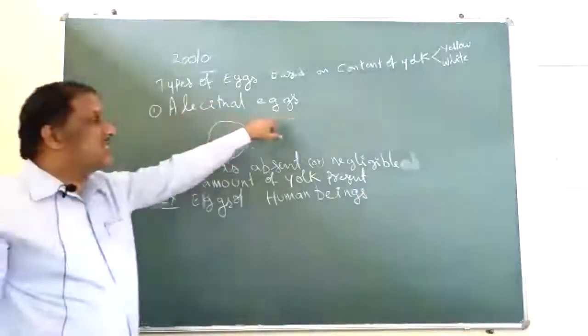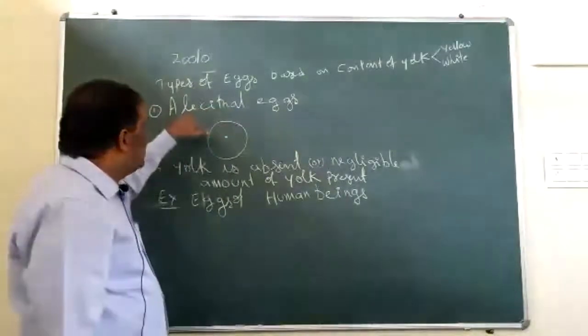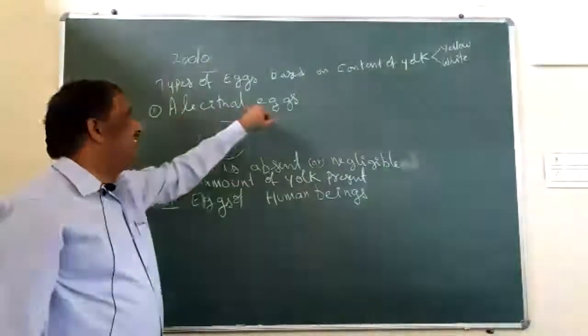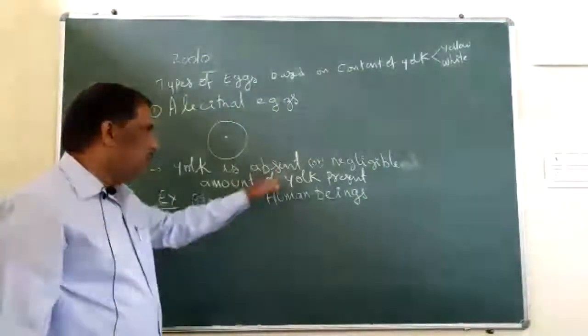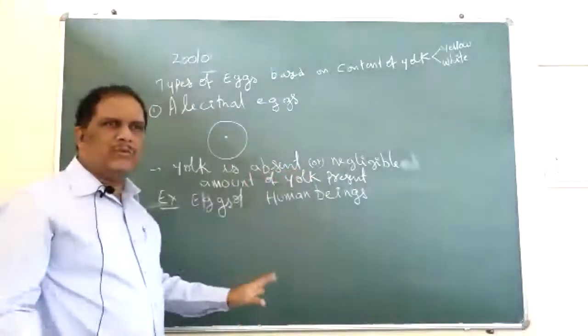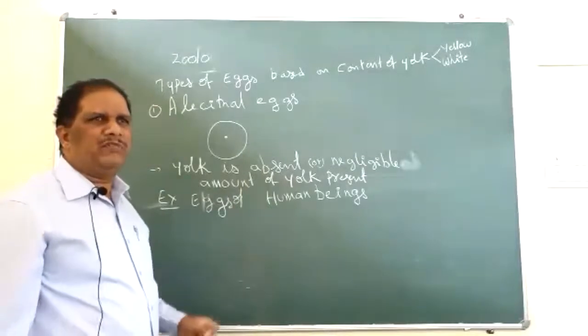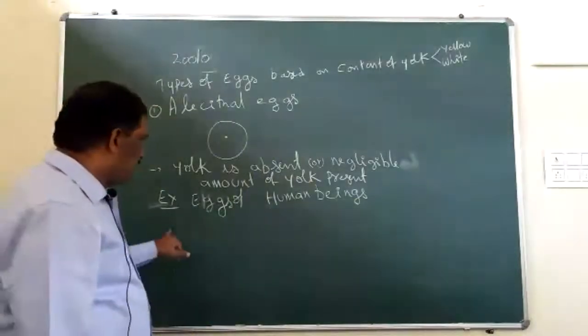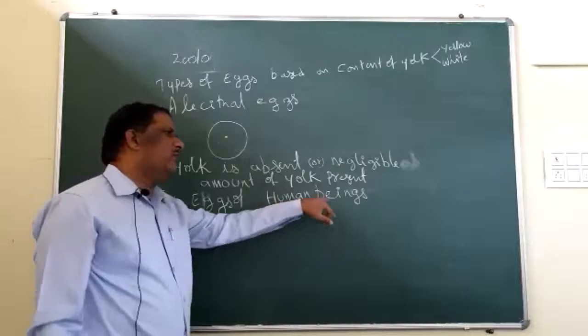What are the alecithal eggs? A means absent. Yolk is absent, or a very negligible, very little amount of yolk is present. So an example of that is the eggs of human beings.